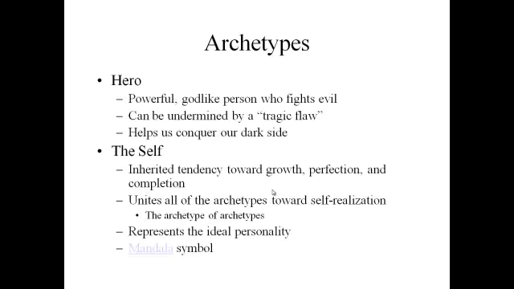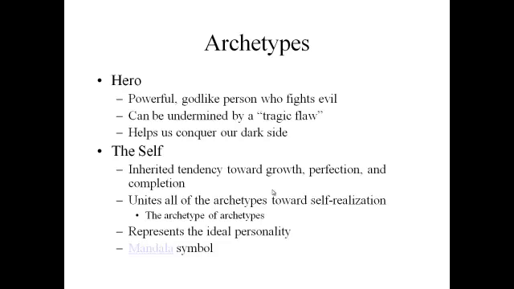Another archetype is the hero. This is what it sounds like: the powerful, godlike person who fights evil, okay? And a classic example of a hero is, of course, Superman, right? The thing about the hero, according to Jung, is that every hero has a tragic flaw. In every hero, there's one weakness.